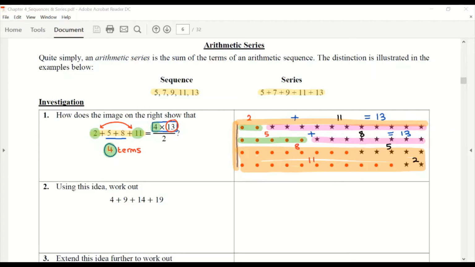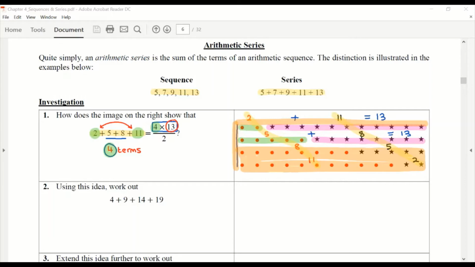So you'll notice if we look diagonally, we have the sequence 2, 5, 8, 11, which is what we're adding together. And in terms of black stars, we have 2, 5, 8, and 11. So if we do 4 multiplied by 13, we're actually adding up these terms twice, which we don't need to do. We're only considering half of the whole shape.